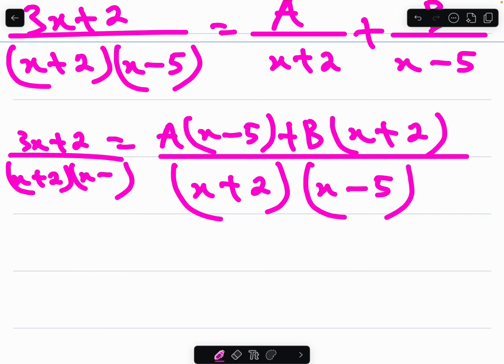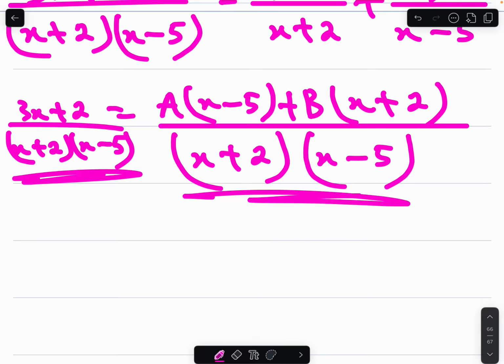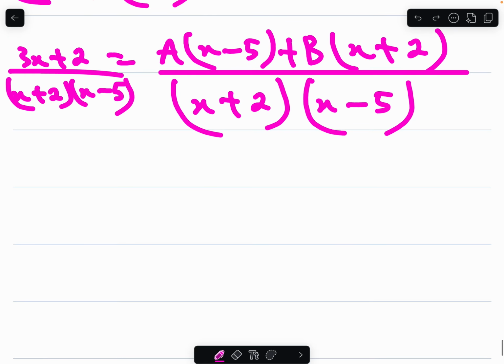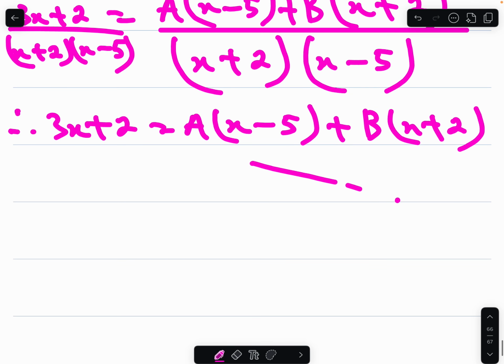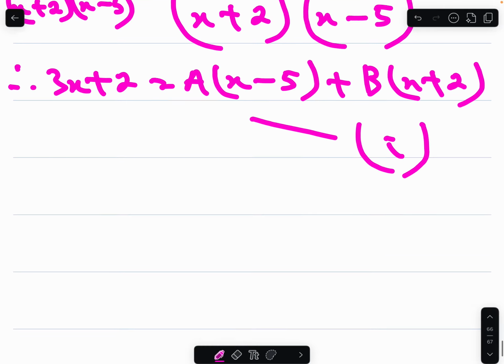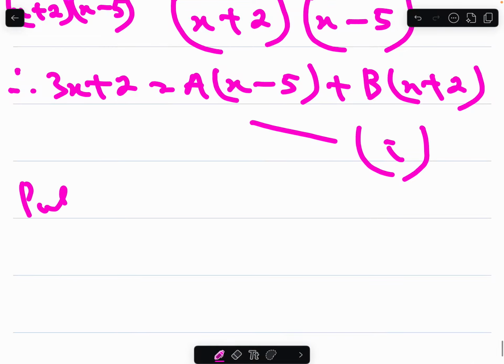If the denominators are equal, the numerators are also equivalent, so 3x plus 2 is equal to A into bracket x minus 5 plus B into bracket x plus 2. I can call this equation 1.